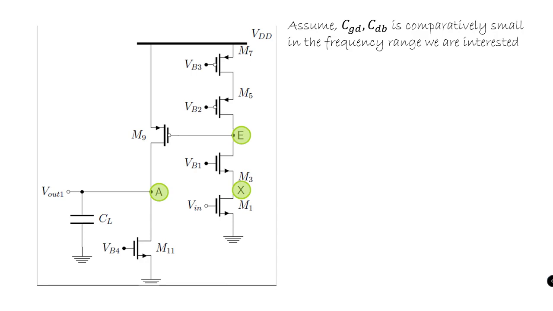So one can realize that based on the values of the poles, omega E is the most dominant pole because of the large resistance associated with that particular node, omega A is the first non-dominant pole, and lastly the omega X pole exists.